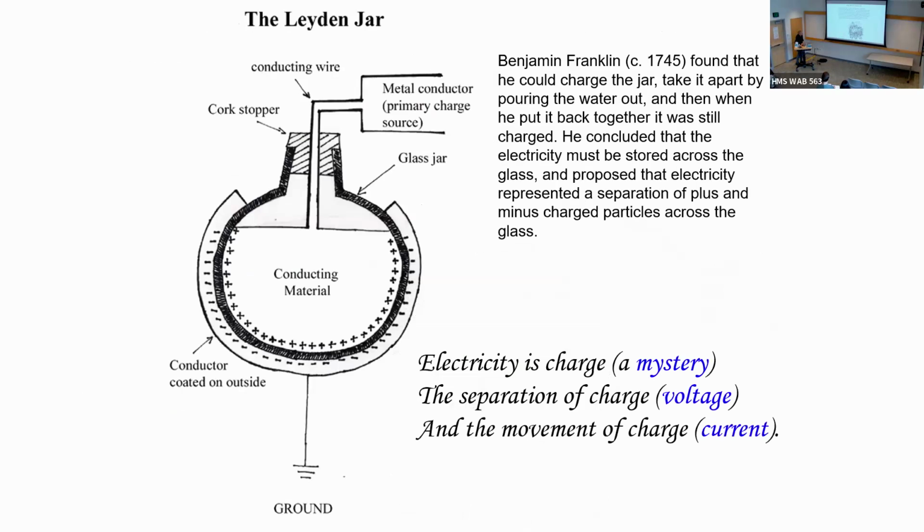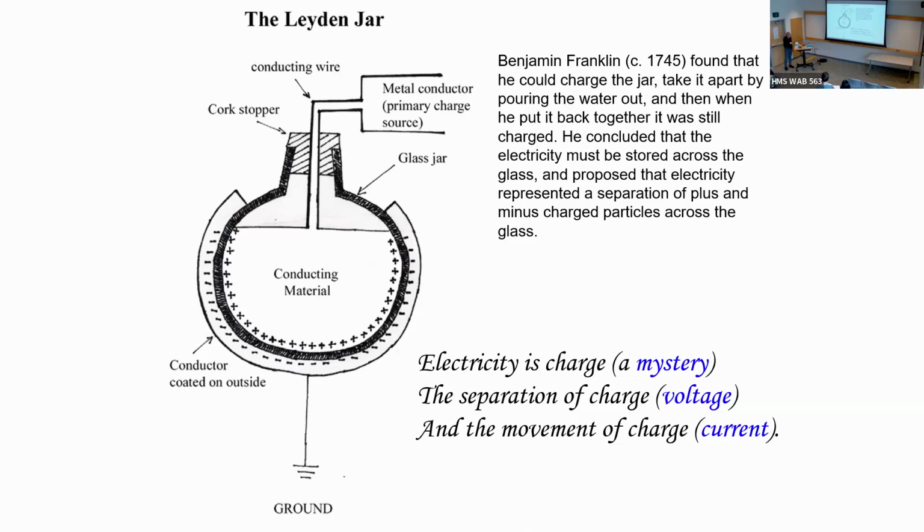Well, what Franklin did was to discover that he could take apart a Leyden jar. He discovered that he could charge up the material here and then take the whole thing apart. And as long as the charged part didn't touch anything, he could put it back together again.